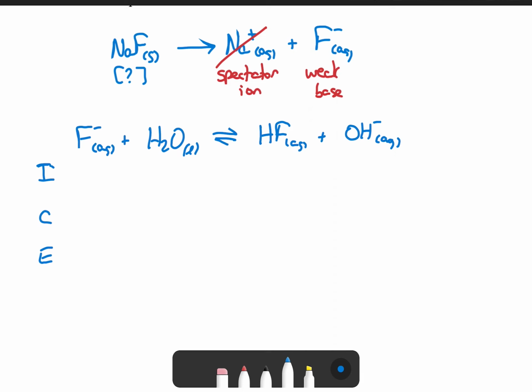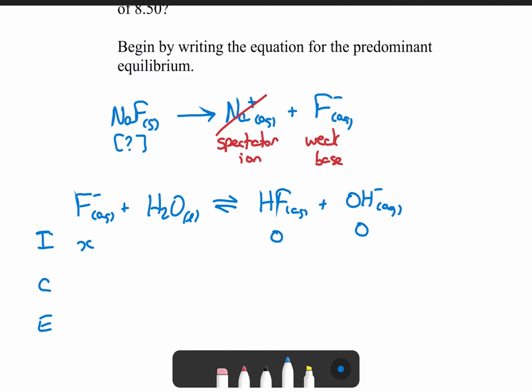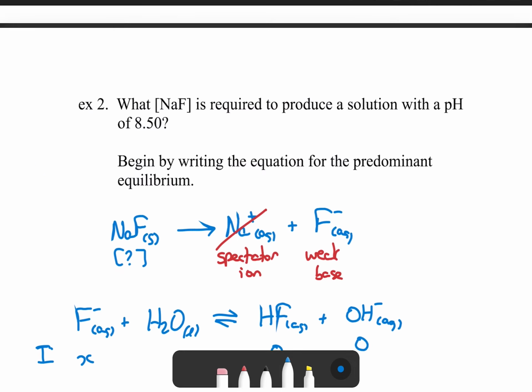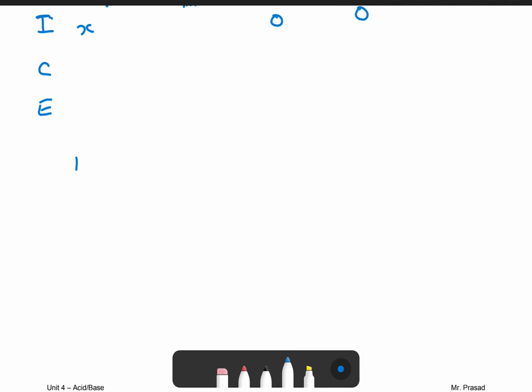Because we have a weak base, we'll need to set up and solve an ice table. We don't know the molarity of the NaF or the F minus, so this is where our variable will go. And once we solve for F minus, we can work backwards to find the molarity of NaF. Initially, we have 0 and 0. We're told that the pH in the question here is equal to 8.50.